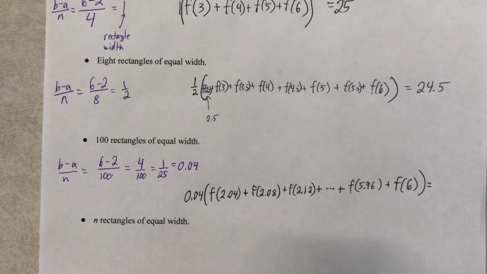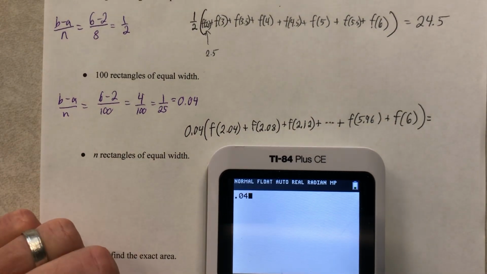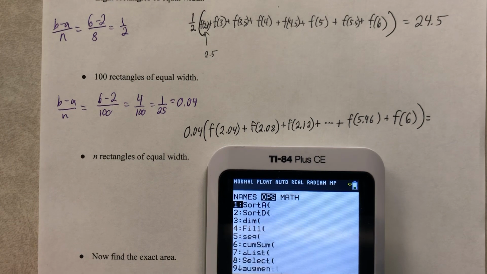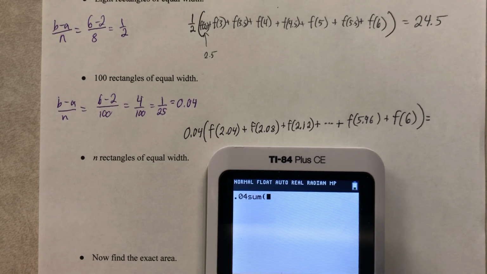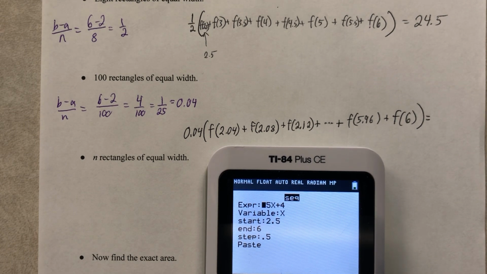Okay, we're going to type this one in the calculator. All 100 terms, I'm kidding, we're not. We're going to use our little shortcuts here. Here we go. We have to put the 0.04 in this one. Second and list, we're going to go over to math and then sum. The sum of what? Well, the sum of a sequence. A sequence is going to be found under the ops menu. The sequence can be generated with this.